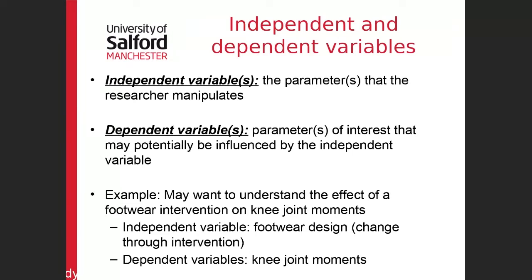You'll often see the words independent and dependent variables when people are talking about level 3 design, so these sort of true or experimental designs. The independent variable is the variable that the researcher manipulates, and the dependent variable is the variable that you're interested in.